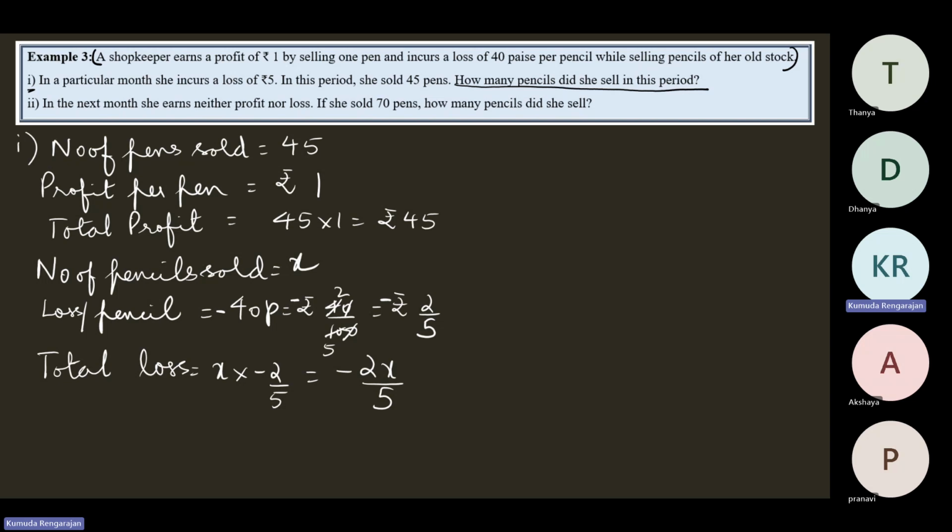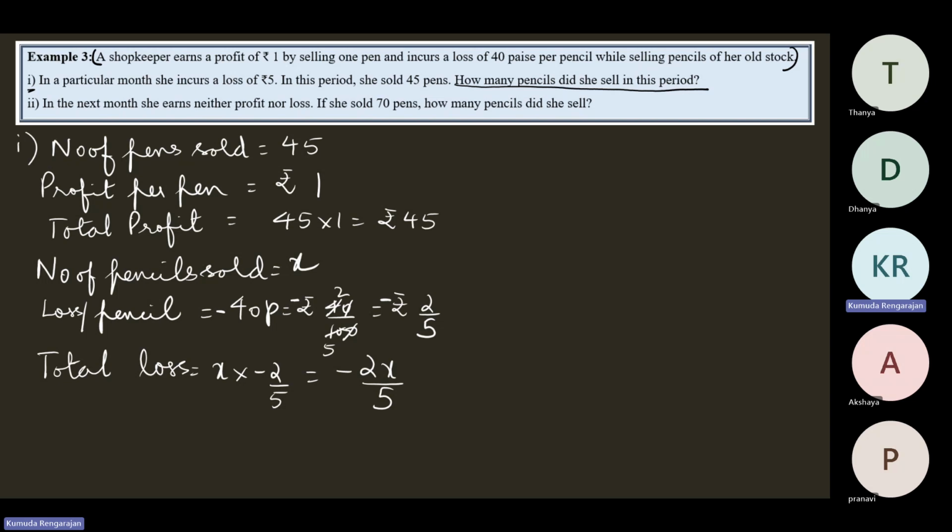But what you really need to understand is profit is 1 rupee on selling 1 pen, and the loss is 40 paise on selling 1 pencil. That's the general information given about the transaction happening in the shop. Now come to this question, the subdivision 1. In a particular month, overall, the loss is 5 rupees. That is, in that month, the shopkeeper has sold so many pens and pencils.